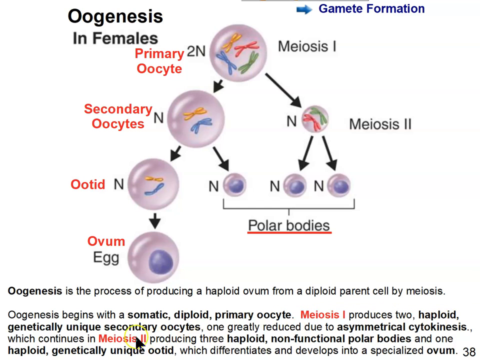Meiosis I then produces 2 haploid genetically unique secondary oocytes, but one is greatly reduced due to asymmetrical cytokinesis, that one, which continues in Meiosis II, producing 3 haploid non-functional polar bodies, a total of 3, because another one comes from the other secondary oocyte through asymmetrical cytokinesis, and 1 haploid genetically unique ootid, which differentiates and develops into a specialized ovum, ready to be fertilized and become a zygote, which will then go on to develop into an embryo, and so on. So that's meiosis and the production of gametes by meiosis, both sperm and egg.